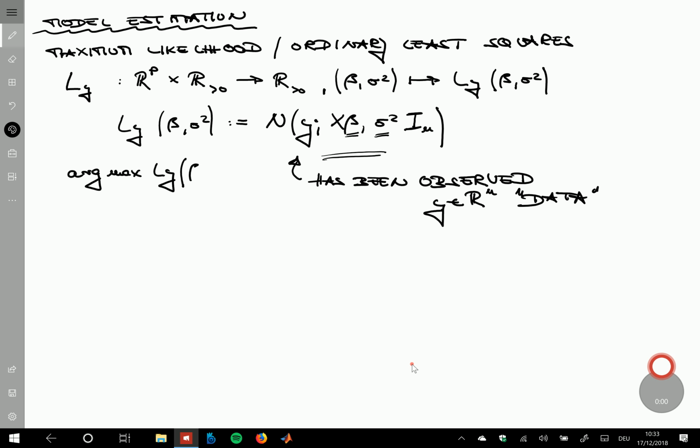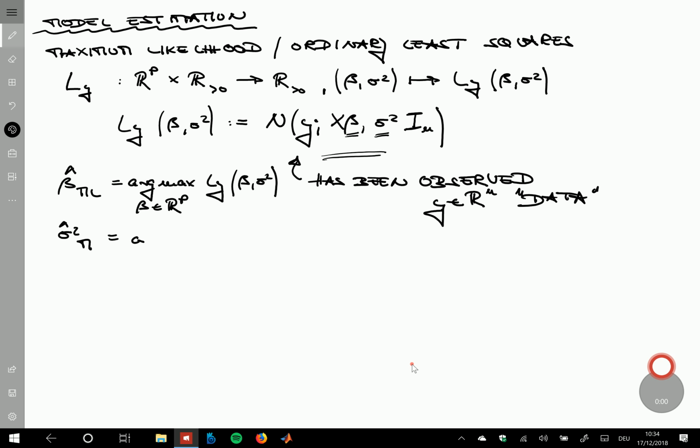So beta ML, maybe we do it a little bit more exact: beta ML is the argument that maximizes the likelihood function with respect to beta. And the maximum likelihood variance parameter is the argument that maximizes the likelihood function with respect to sigma square.